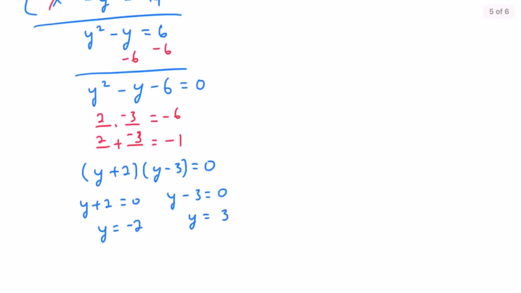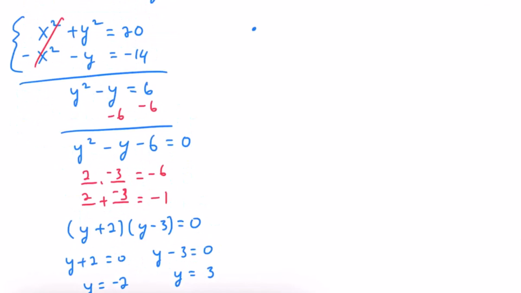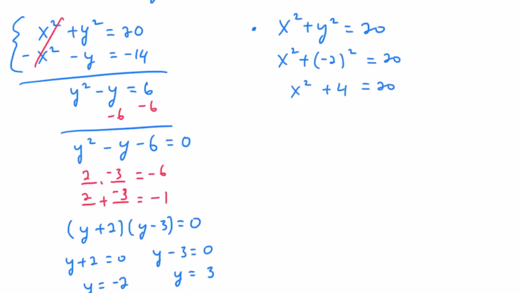So here we have two y values. So the next step is pick one of the two equations. So here, let's pick x squared plus y squared is equal to 20. Let's start with y is negative 2. So we have x squared plus negative 2 squared is equal to 20. So x squared plus 4 is equal to 20.